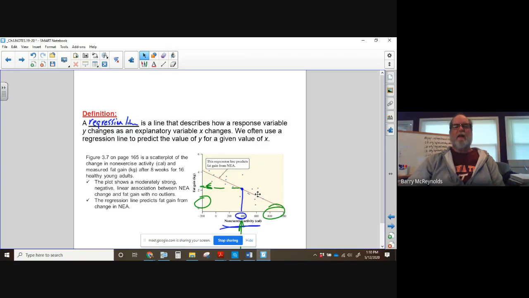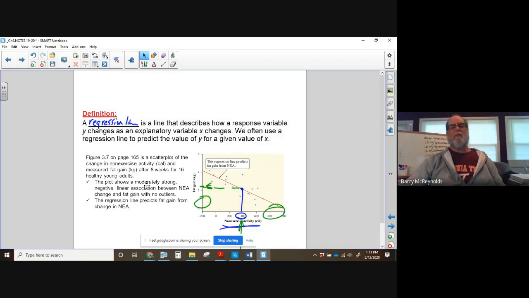But for now, we'll just assume that we know how this regression line came to be, and we're going to say that it is the best predictor of y values of fat gain for non-exercise activity in this range, okay?